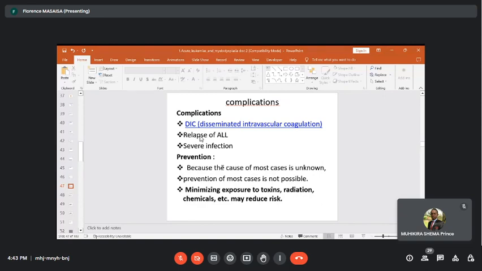So how do you prevent acute leukemia? Most of the causes are not known, so it's not easy to prevent it, but at least we try to focus on minimizing exposure to radiation and exposure to toxins. When you don't know a product, don't go manipulating it.